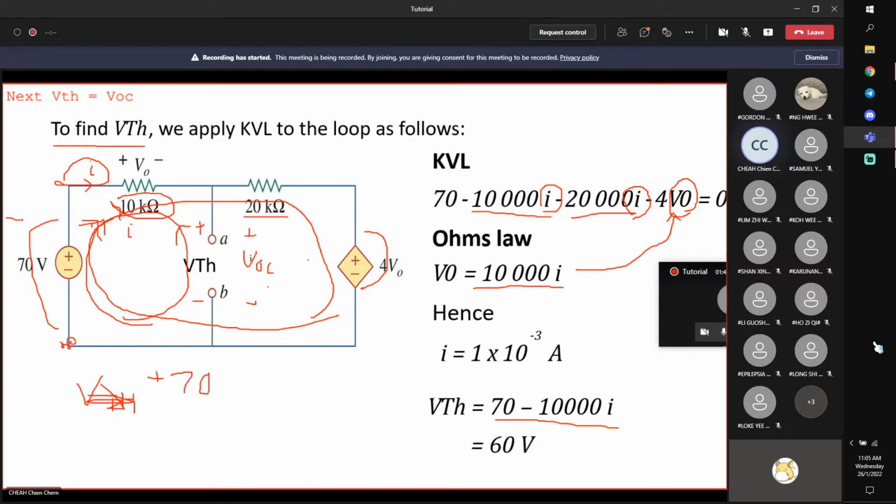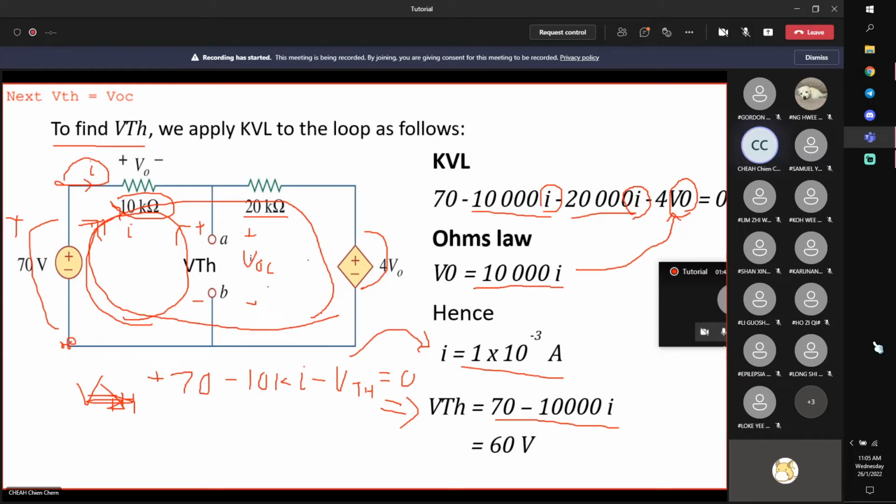From here to here, plus. Over here, drop 10 kilo ohms multiplied by I, and over here also drop, minus VOC or VTH, and you come back to 0. If you bring VTH to the other side, 70 minus 10K times I, where I is 1 milliampere, therefore VTH is 60 volts.